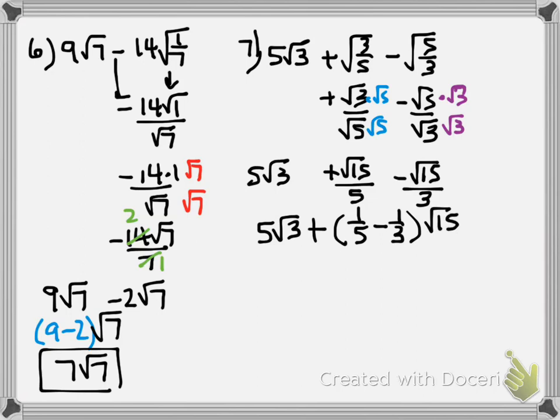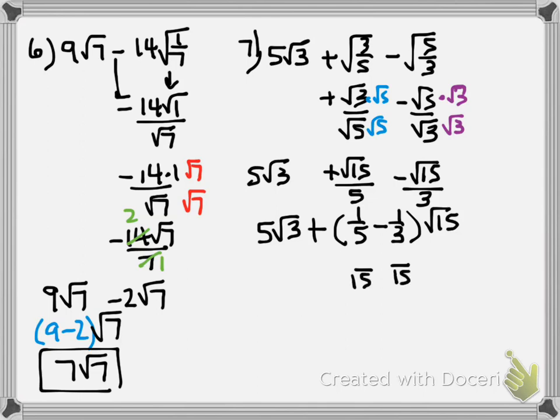Now what do we have to do? We go back to elementary school and we have to remember how to add and subtract fractions. What do they require us to do? We have to have a common denominator. What's the common denominator between 5 and 3? 15.